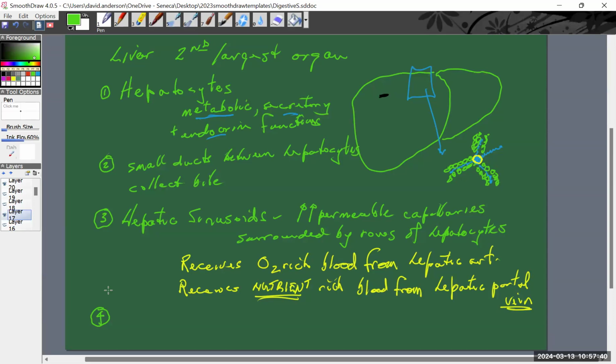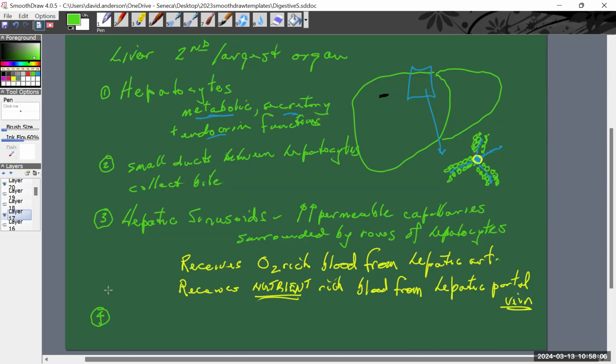Normally, capillary beds are formed from an arteriole in and a venule out. In a portal system, it's venule in and venule out. So we have the veins from the digestive system entering the veins of the liver system. That creates a hepatic portal system, or a hepatic portal vein. So that's just terminology. That's where that came from.